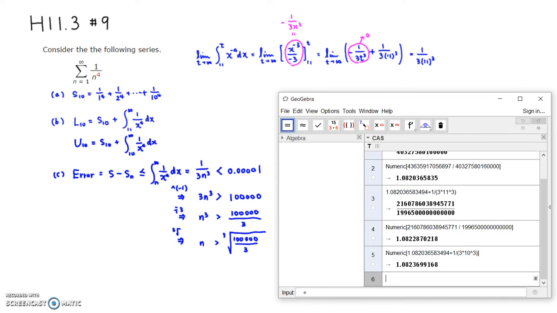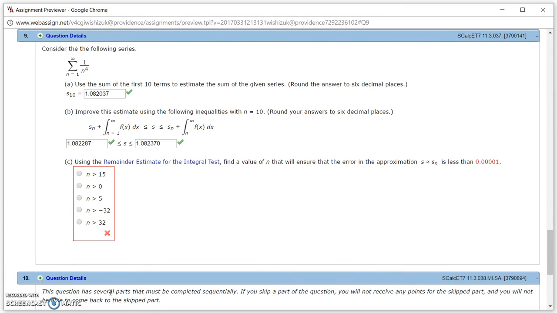We need to find 100,000 divided by 3, and then raise it to the 1/3 power. I hit enter. It came out to about 32.18. So what we can do is just put 32. This should be the answer here.